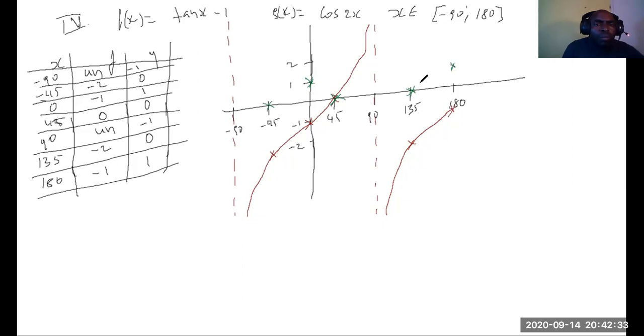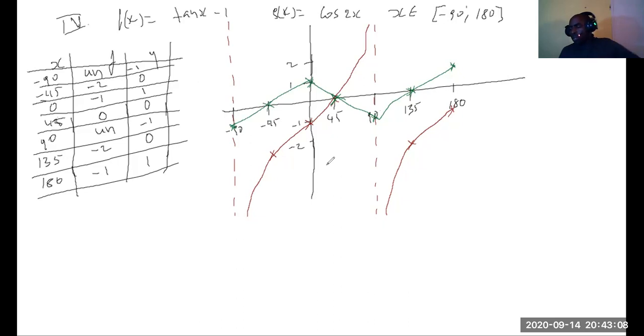And then I've got my minimum at negative 90, which is minus 1, and also at 90, negative 1. So I'm going up, then down, go up again. Okay, that's good. So now I'm asked to sketch the two graphs on the same set of axes.